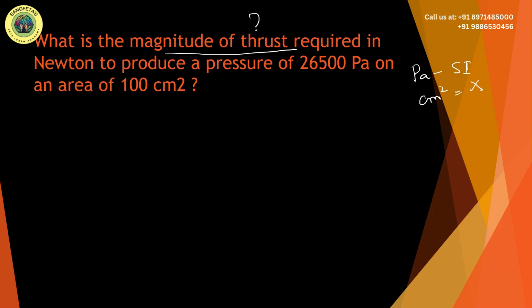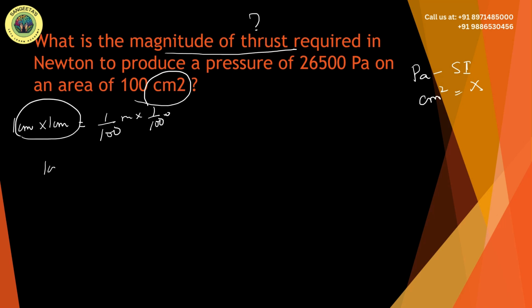So we have to convert this centimeter square into meter square. 1 centimeter square means 1 centimeter into 1 centimeter, which is 1 by 100 meter into 1 by 100 meter. So 1 centimeter square means 1 by 10 to the power of 4 meter square, right? So we have done this.